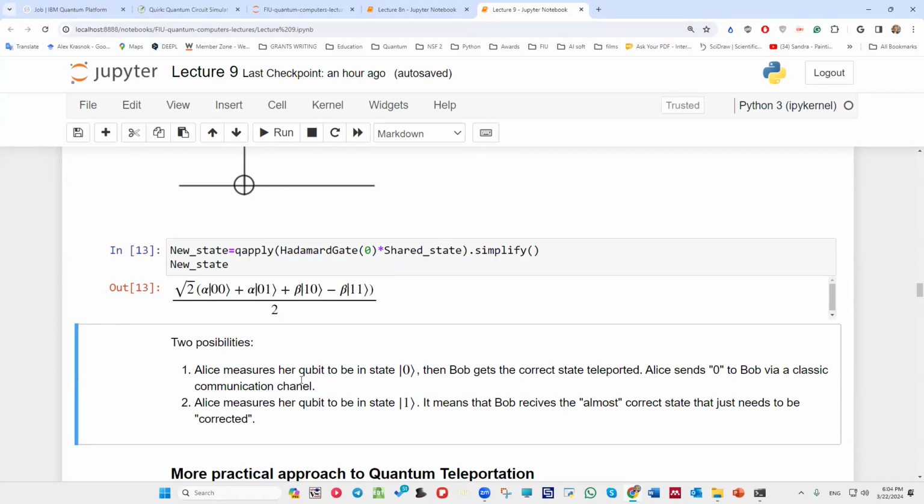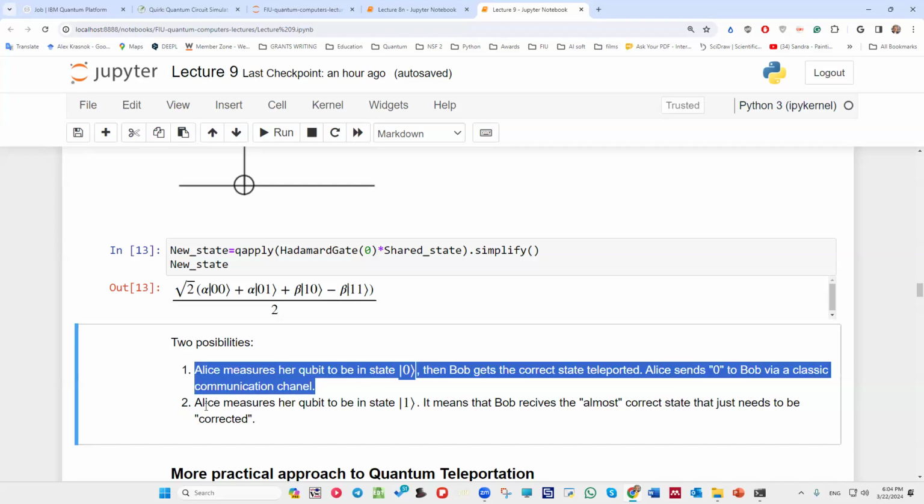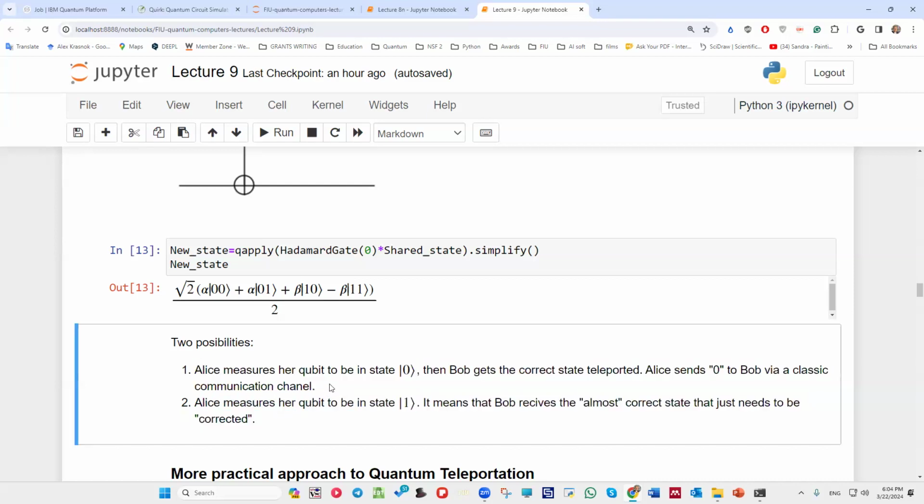You cannot predict what you get, the case 1 or case 2. That's why you always need to connect to Bob and let him know what he needs to do with his quantum state. This is first.